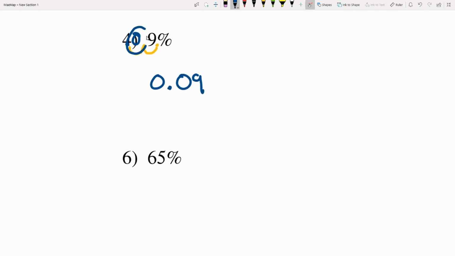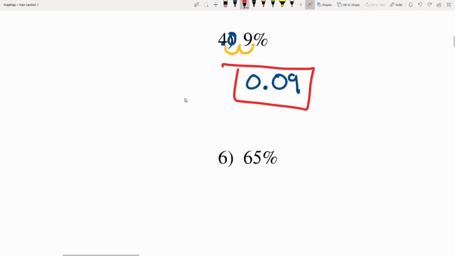If we didn't include this 0, we would have 0.9, which is not the same as 9%. 9% is 9 hundredths. So this placeholder 0 is very important. We cannot forget that. And think about it. 9% is like saying 9 out of 100. So we want that decimal to be 9 hundredths.